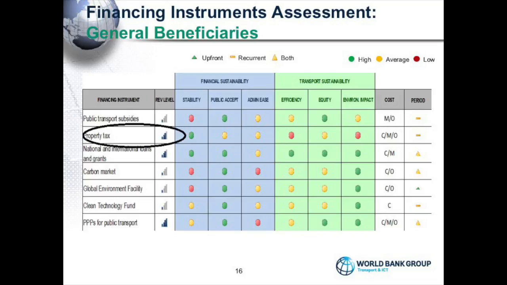And also, sidewalks and local streets are fundamental for the city to work. So the property tax, you see, I'm pairing up financing mechanism, beneficiary, with parts of the transport system. And precisely the column on cost says property tax is very good for financing capital investments, maintenance, and operation. And in periodicity, it's recurrent.